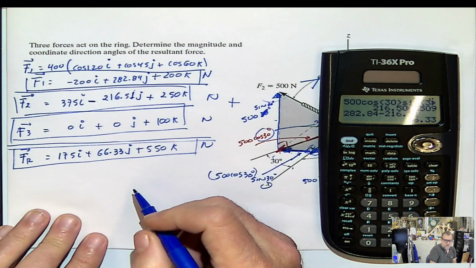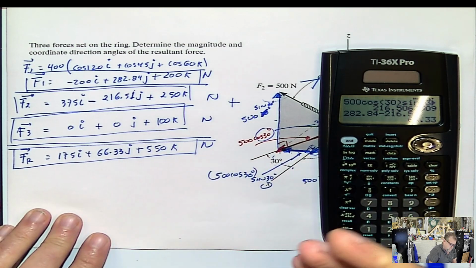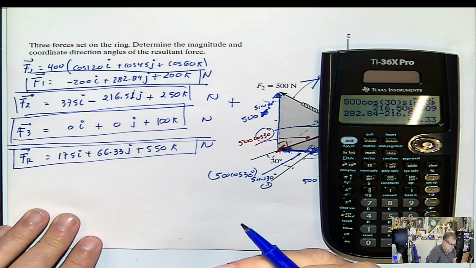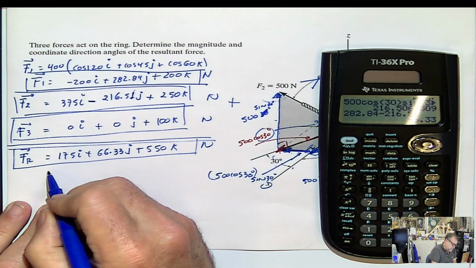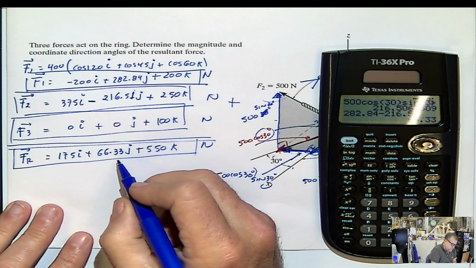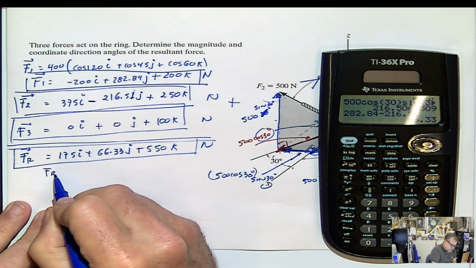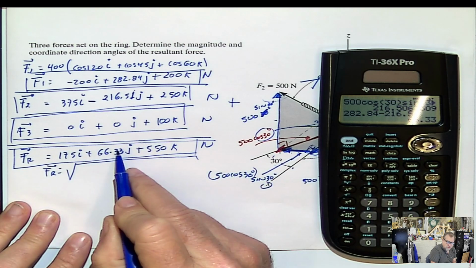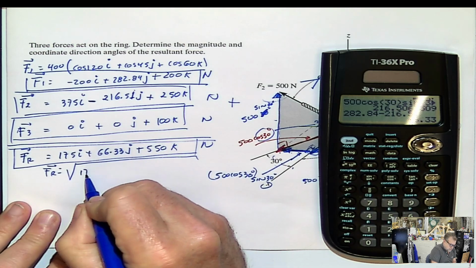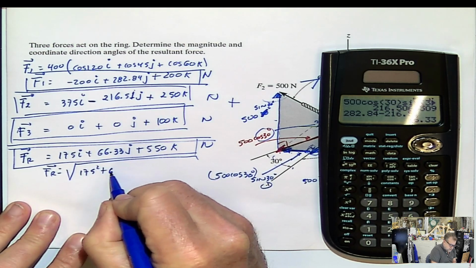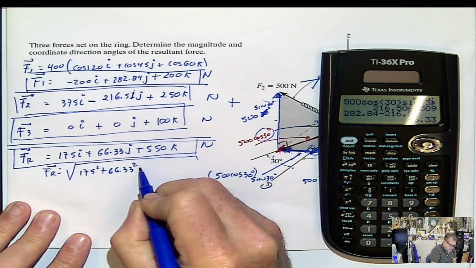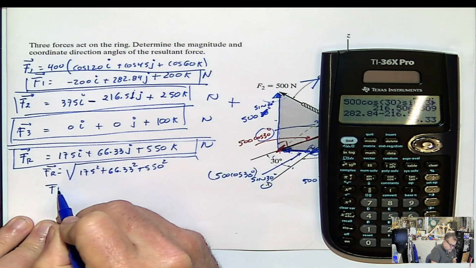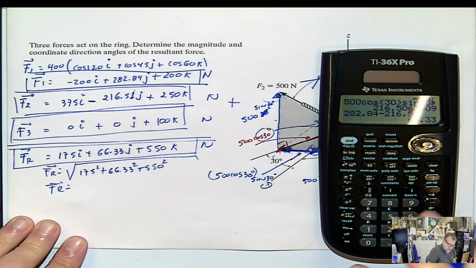Now we need to find the cosine directors and we need to find the magnitude of the resultant force. Well, first the magnitude. How do you find the magnitude of the resultant force? You find the magnitude of resultant force by saying that the resultant force is equal to the square root of the summation of the square of the components. 175 squared plus 66.33 squared plus 550 squared.